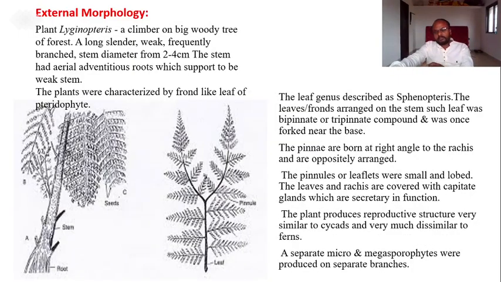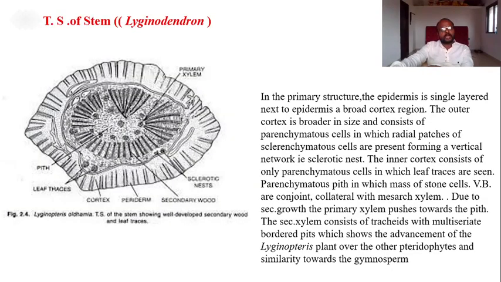So this is a fossil plant, and therefore limited information is available, and here we have to discuss the transverse section of the stem. Already we know the stem is not very hard, and it shows secondary growth. In the primary structure, the epidermis is single layered.